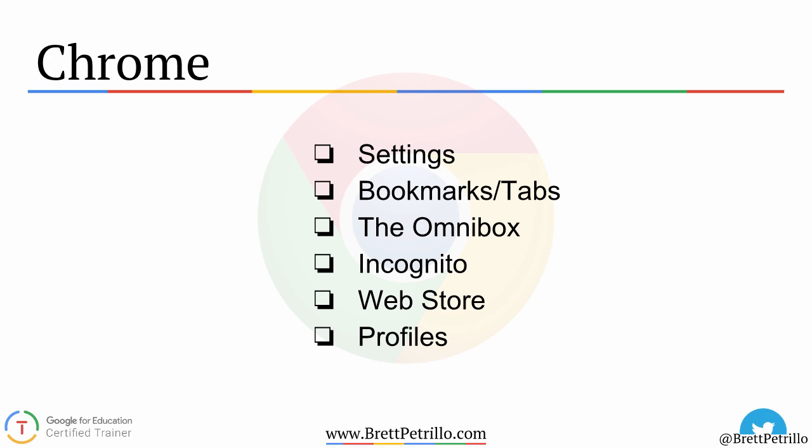We talked about the Omnibox and how it can do a lot more than just search, how you can do math problems and conversions, etc. We explored incognito and how that's a great way for you to protect any information that you are inputting onto a computer.